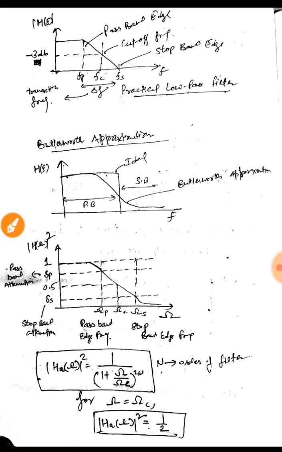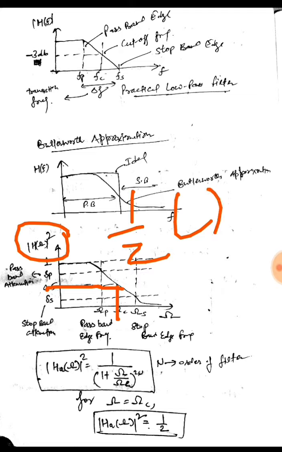So the cutoff frequency would come at the point where this magnitude is 0.5, or the spectral density is 0.5, that is 1 by 2 of the maximum value.